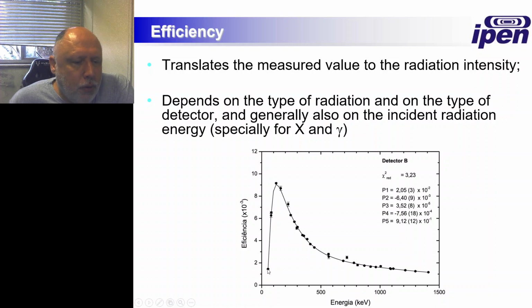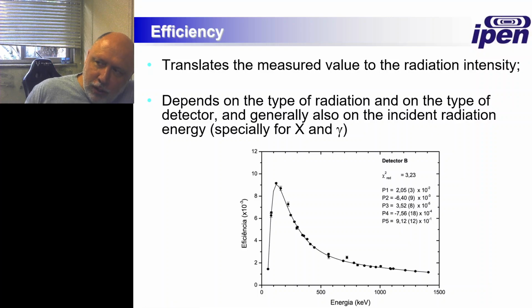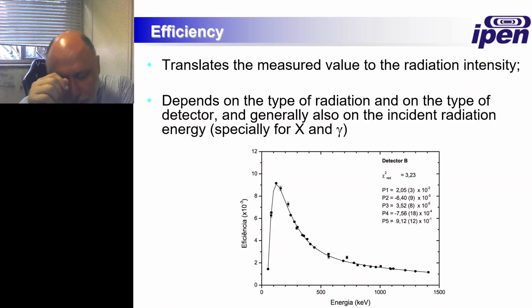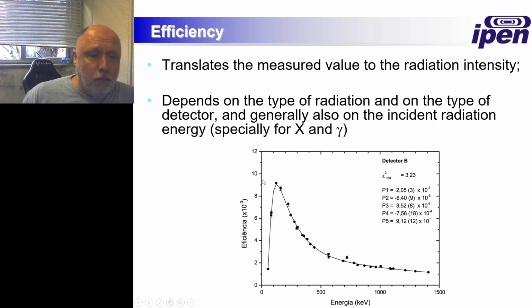And what we have here, for instance, for lower energies, the gamma ray will interact with the encapsulation of the detector, which is aluminum, quite thick because the detector is fragile, and then it won't reach the detector because it stops on the aluminum in front of the crystal, right? Then, of course, now all photons start to come, and then it's okay.